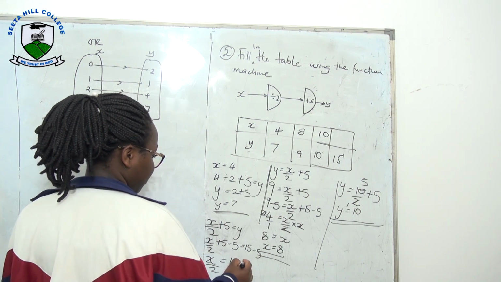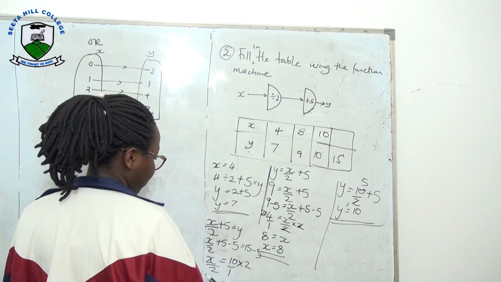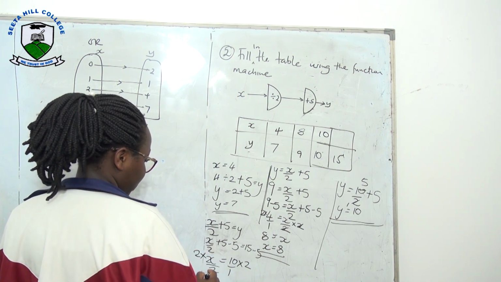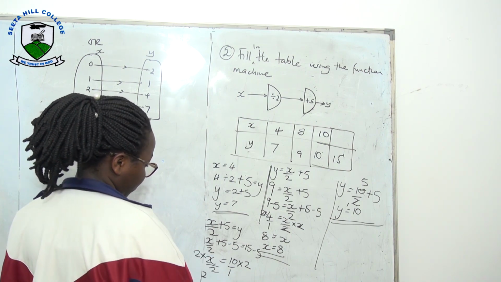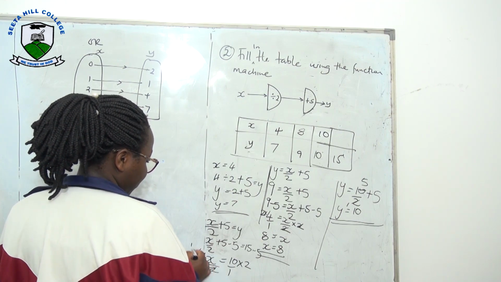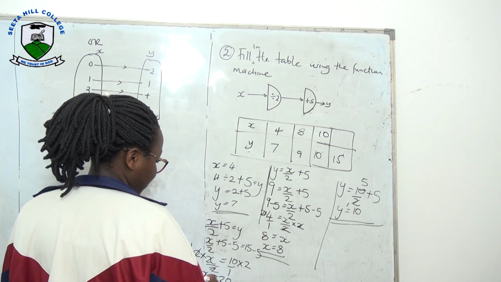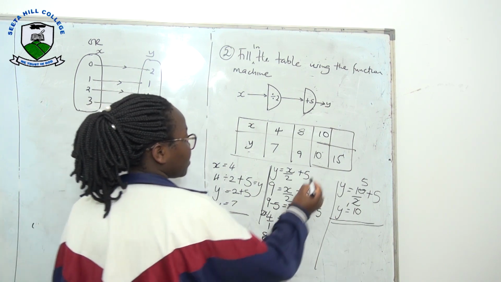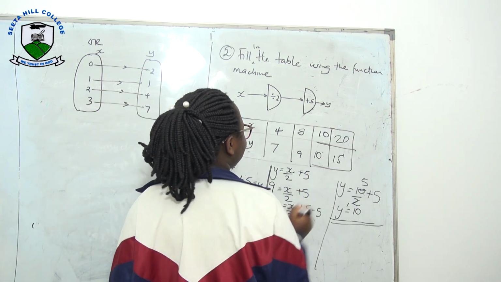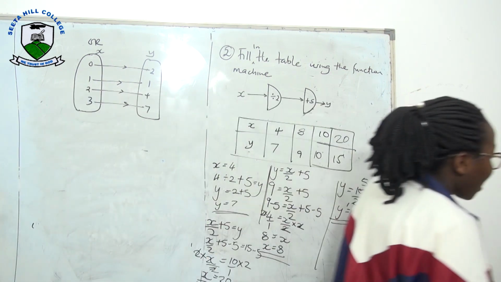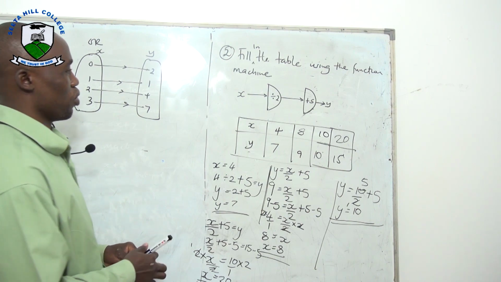Make this one a fraction, multiply both sides by 2, since the LCM of 2 and 1 is 2. So you will get 2x, no? X, sorry. This will be x is equal to 20. So here the x is 20. Thank you. Though you didn't want shorter roots, not so?